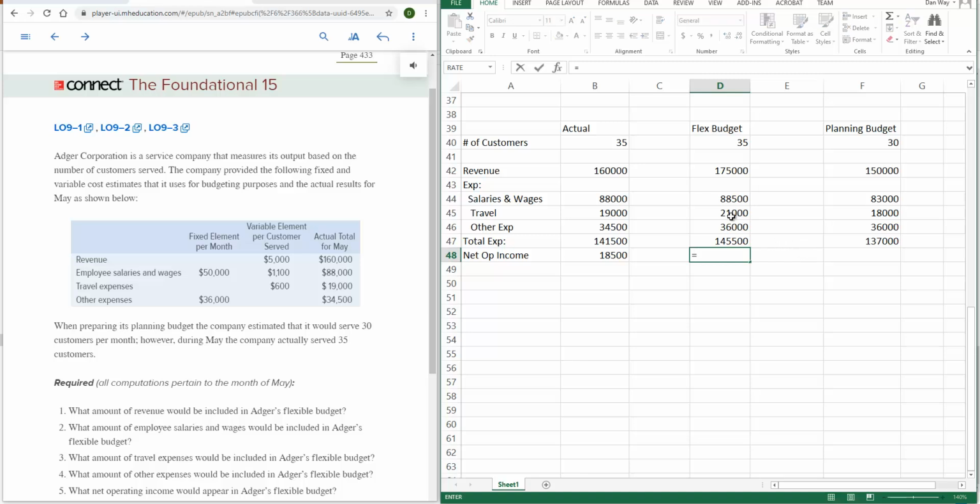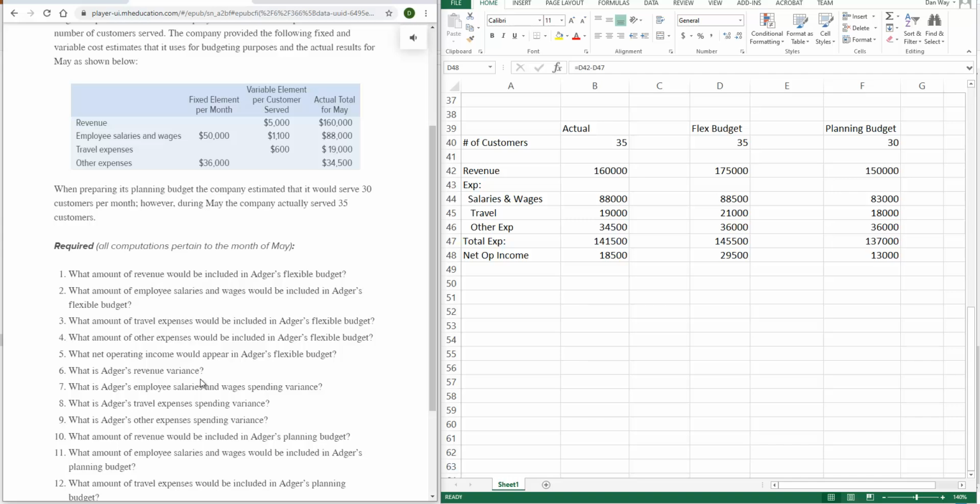The flex, which is what they asked us first, there's our revenue minus our total expenses, or $29,500. And then over here in the planning, revenue minus total expenses, or $13,000. So if I've said what net operating income would be in the flex, well, there's $29,500.